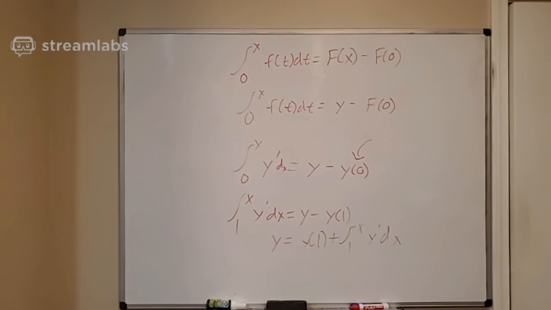Number 8. I missed this one. This is like we talked about earlier, where it says the rate of change of the mass, so that's dm dt, is proportional to the mass, so it equals km.